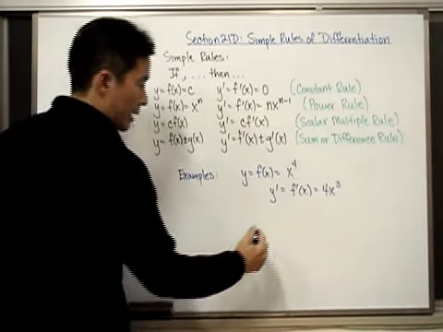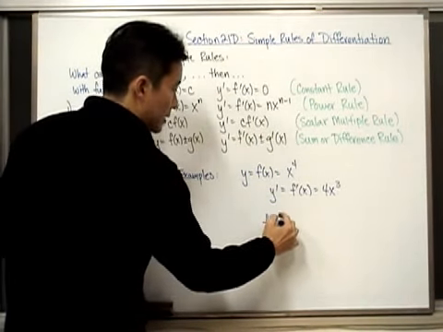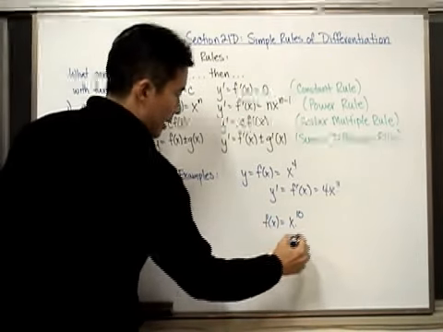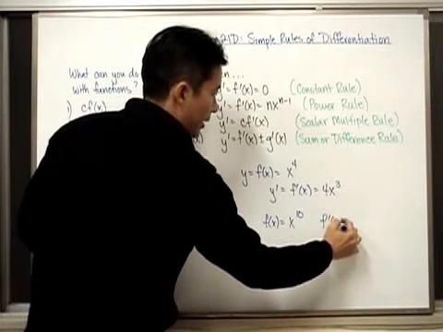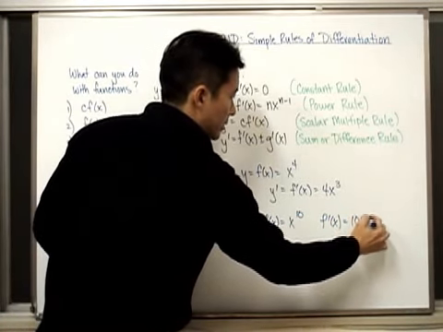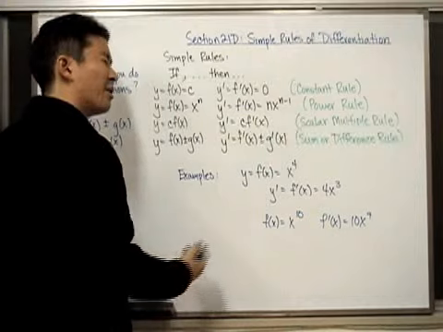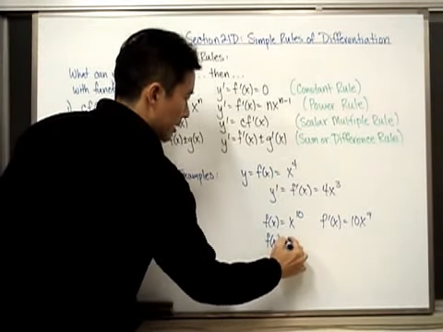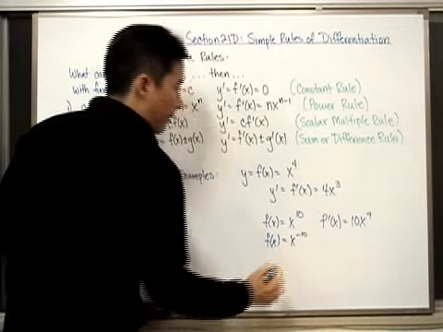Okay, let's try another one. What happens if you have f of x is equal to x to the 10th? Then f prime of x is going to be equal to 10x to the 9th. What other kind of numbers can you come up with? Can you do something like x to the negative 10th power?